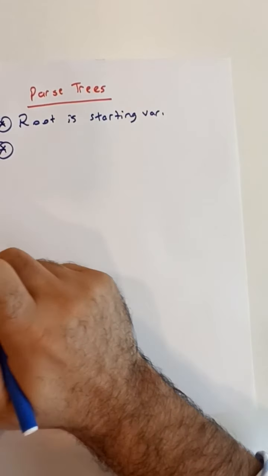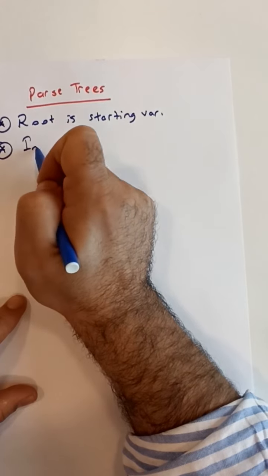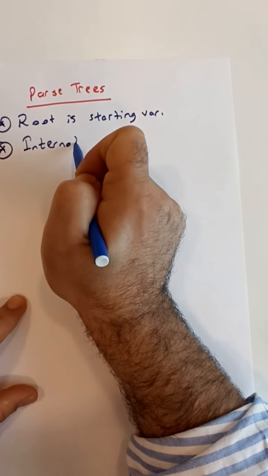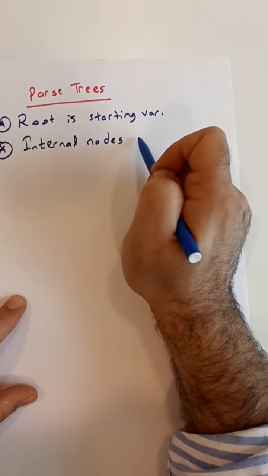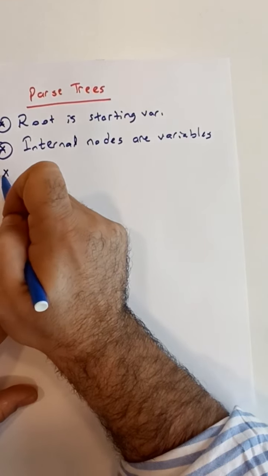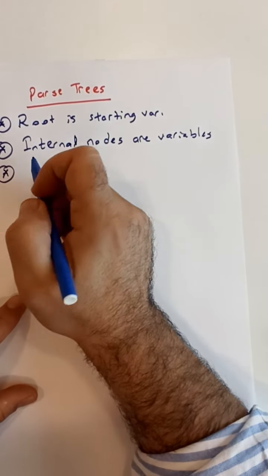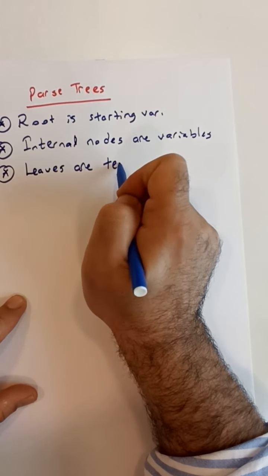The internal nodes correspond to the variables of the grammar, and the terminals are represented at the leaves. So leaves are terminals of our grammar.